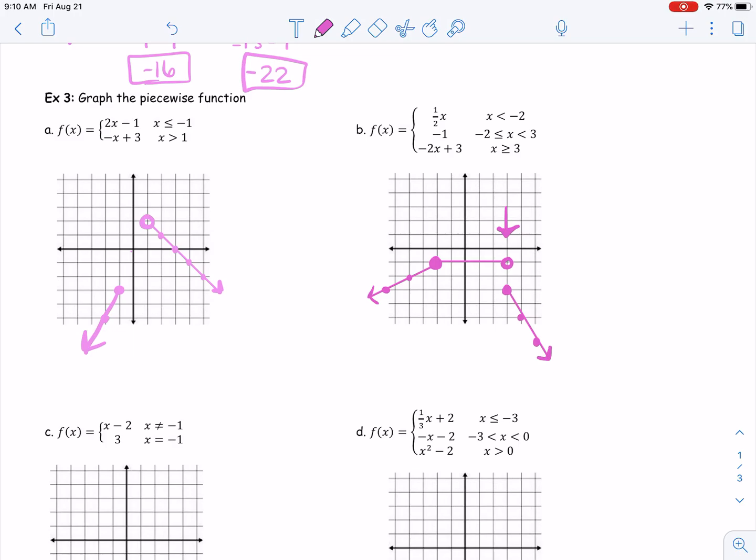Now for range, what would your range be? Your range would be from -infinity all the way up. We might think we stop here and start back up again, but we don't, because over here we are incorporating those y values. So really we're going all the way up to this y value of -1. So that would be from -infinity to -1, and we do incorporate that value.